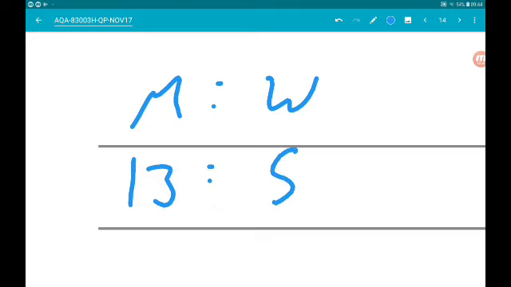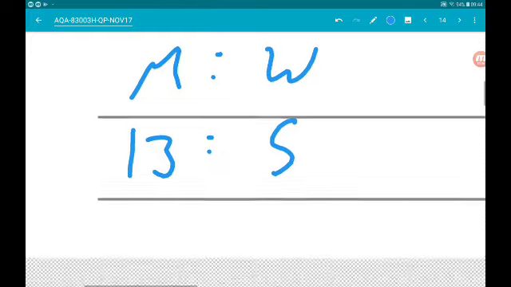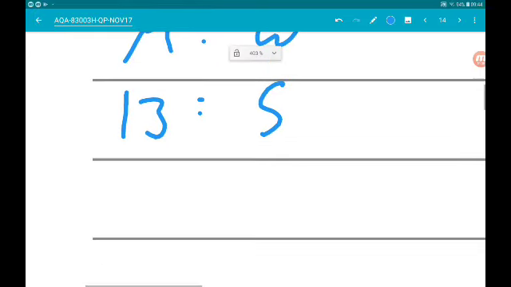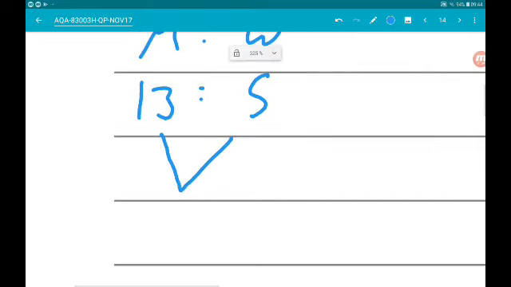Now, what this means is, every time 13 men walk into the game, 5 women walk in. So with each part of this ratio, there are 8 more men.